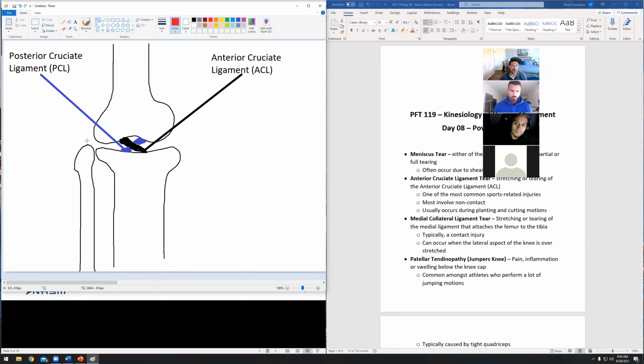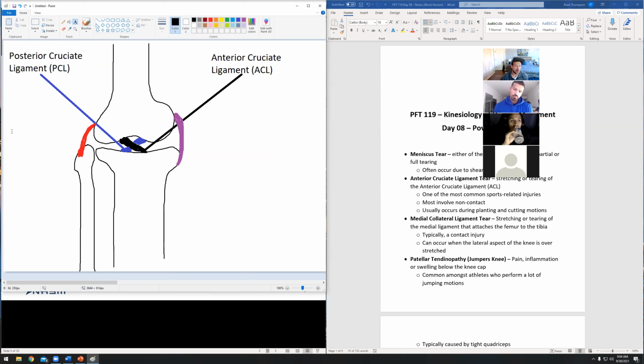So if we go with red here and we put a ligament on this side to create a little bit of stability here. That's on the outside, that's the lateral side. So that's going to be my LCL ligament. And then if we put, we'll go purple, on the medial side, that's my MCL ligament. So those are the four ligaments you're going to see in here, right?